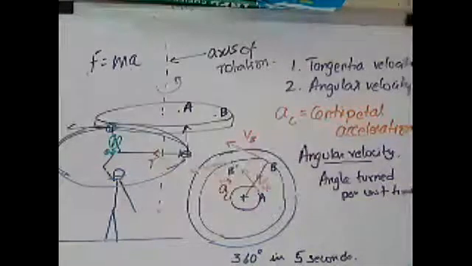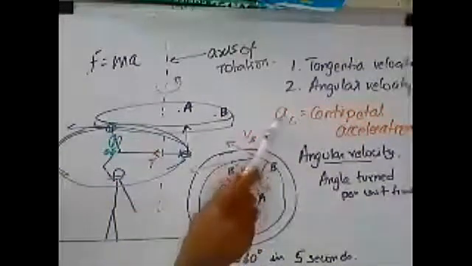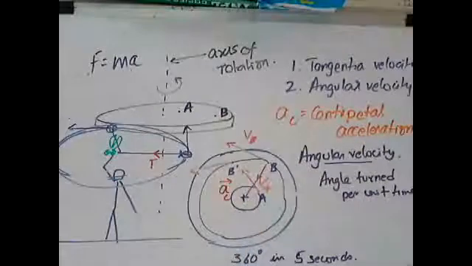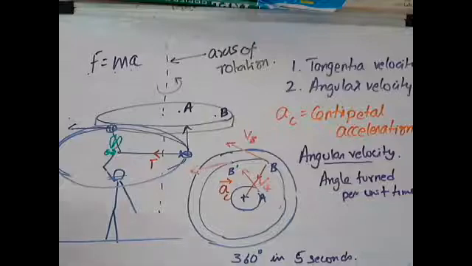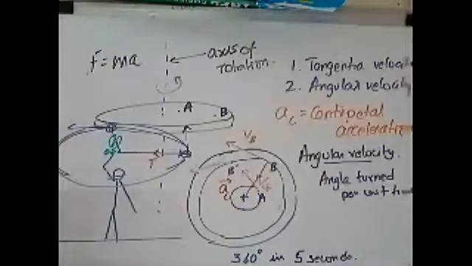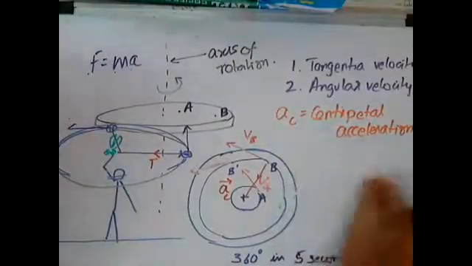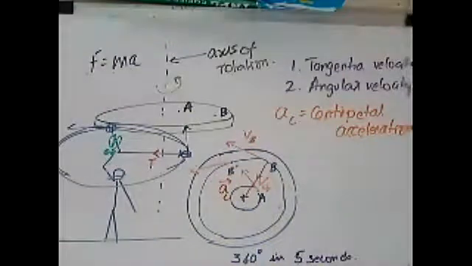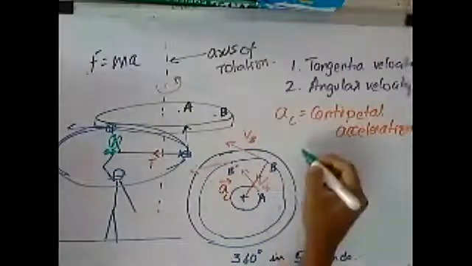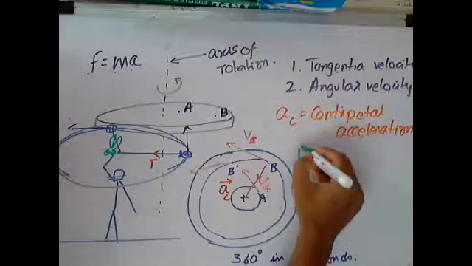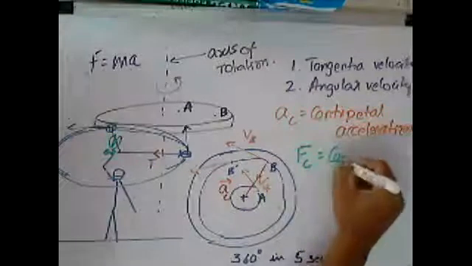So I'm saying that there has to be a force that causes the centripetal acceleration, okay? And that force in general is called centripetal force. So as usual, my board has become messy, so I have to erase something. All right. The force that creates this centripetal acceleration is called centripetal force.